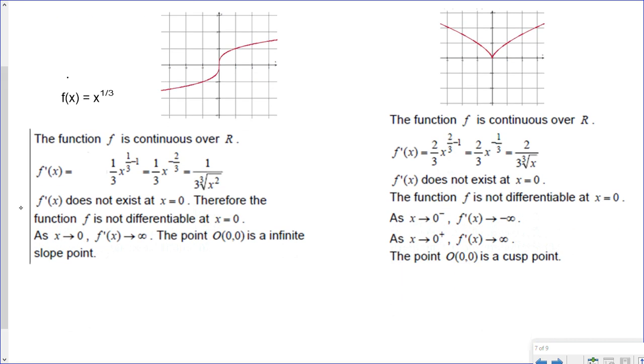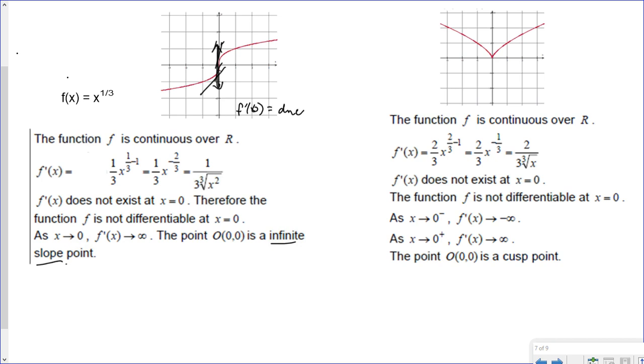When I find the derivative, notice that I've got an x in the denominator, so the derivative function doesn't exist at 0. That's right in this area here, and that's because I've got an infinite slope situation. We talked about that as an example. So the slope of my tangent lines at 0 does not exist.